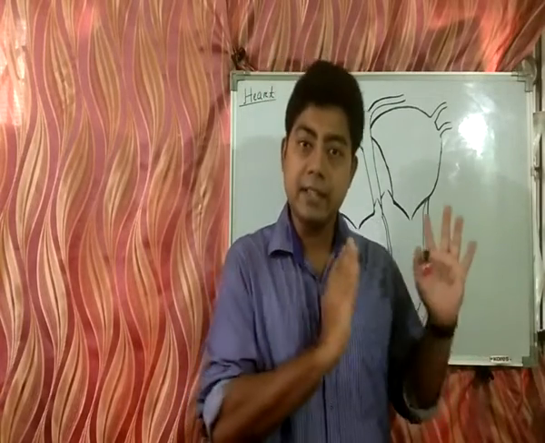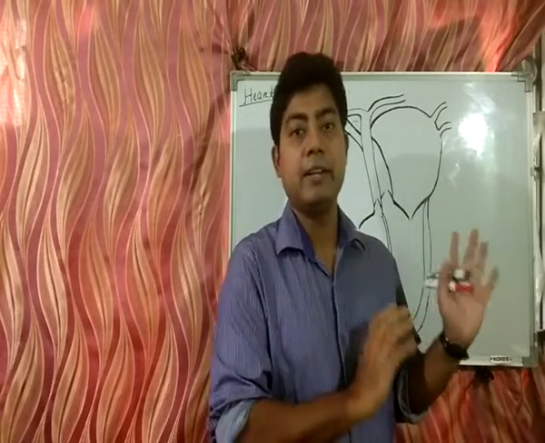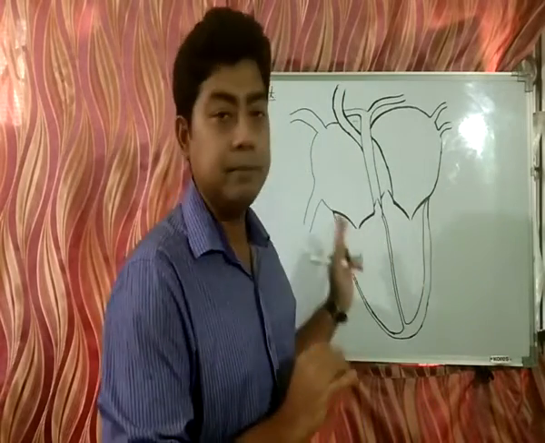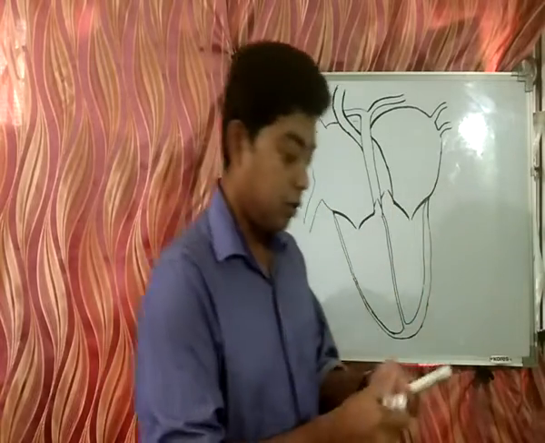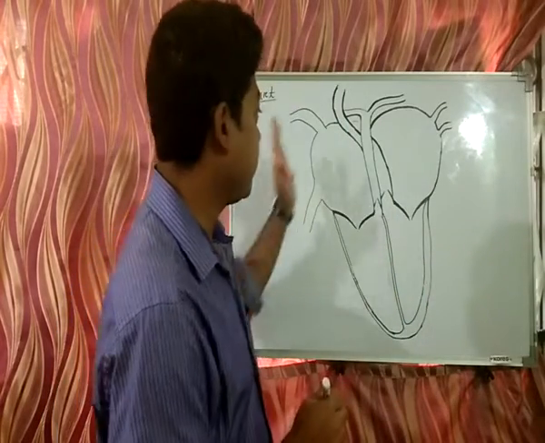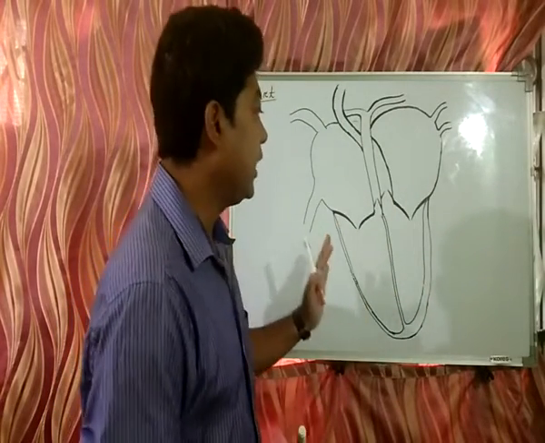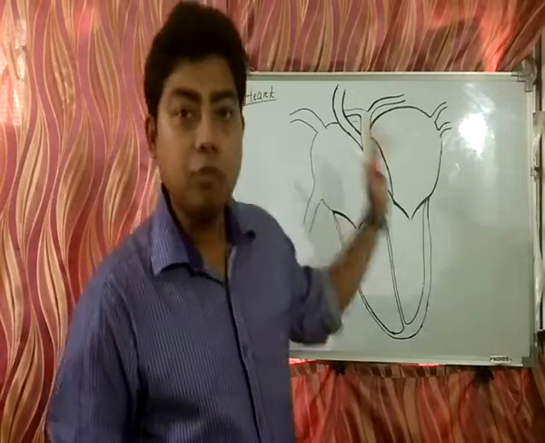Now we are discussing the different parts and the transportation mechanism in the heart. Already I have drawn a rough diagram of the heart. Here we are going to identify the different parts and their direction of flow.